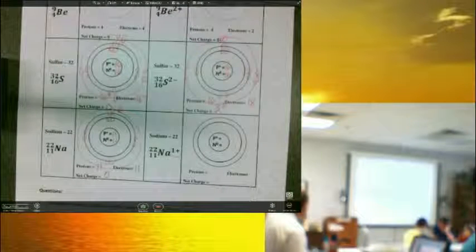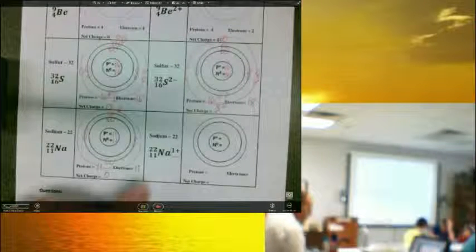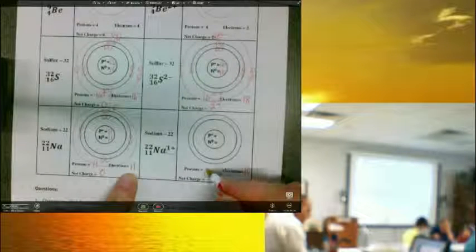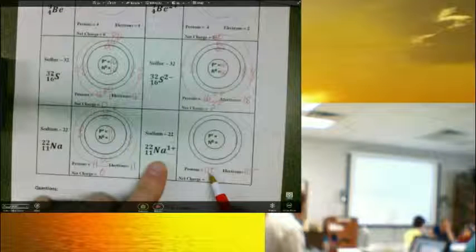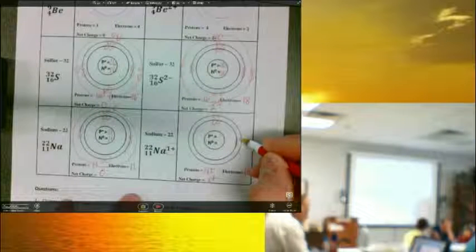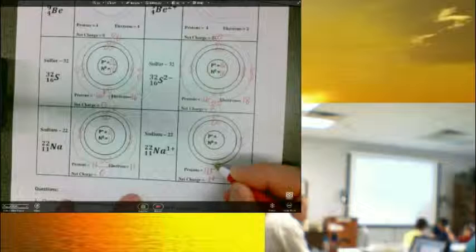What is that 1 electron going to do? It's going to leave. So our electrons are going to go from 11 to 10. We're still going to have 11 pluses. So now it's going to be more pluses, so it's going to be 1 plus charge. And we will have 2 and 8, and we do not have to draw that third shell. That electron left.